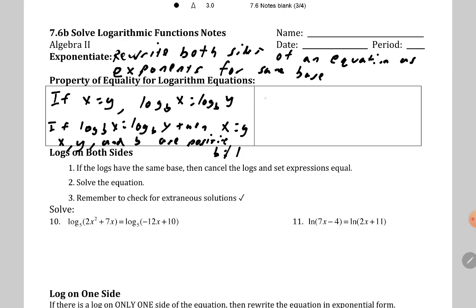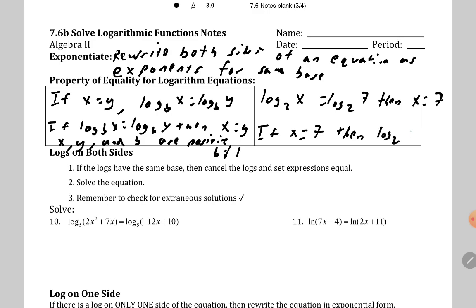So, for example, if we have log base 2 of x equals log base 2 of 7, then x equals 7. And vice versa, if x equals 7, then log base 2 of x equals log base 2 of 7.